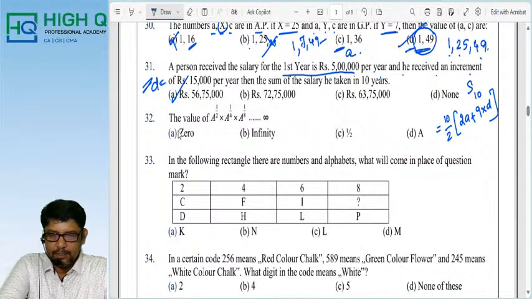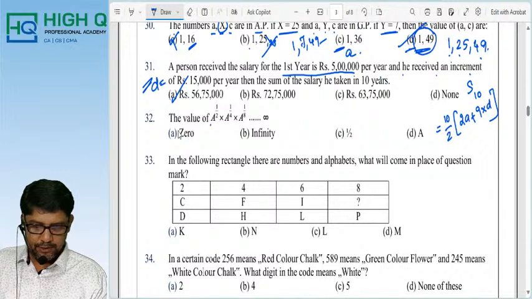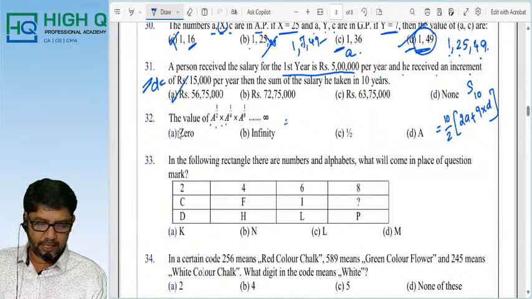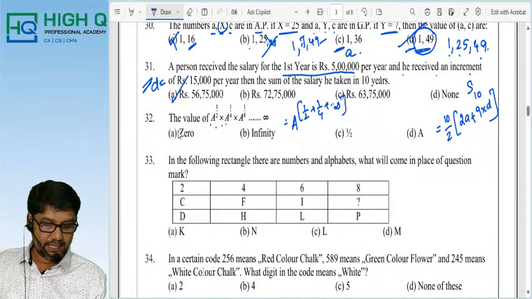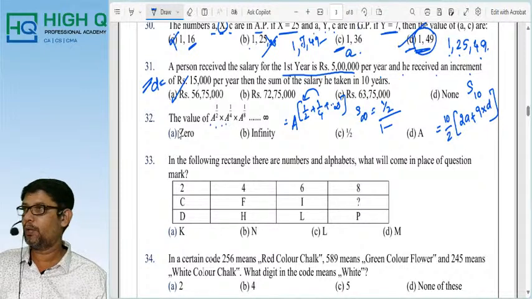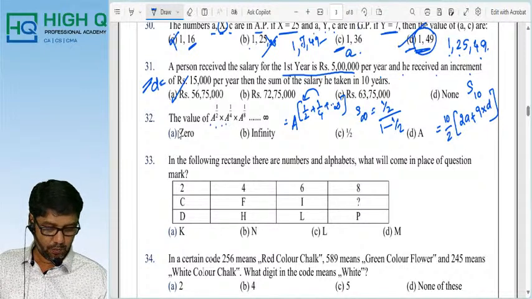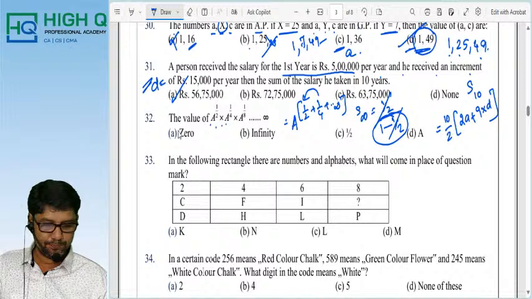Fine. Next one. This one is famous. A power 1 by 2 into A power 1 by 4 up to infinity. That is A power 1 by 2 plus 1 by 4 plus dot dot dot up to infinity. It's a GP sequence. Tell me what is S infinity? A by 1 minus R. What is R? 1 by 2 only. 1 minus 1 by 2 is 1 by 2 again.